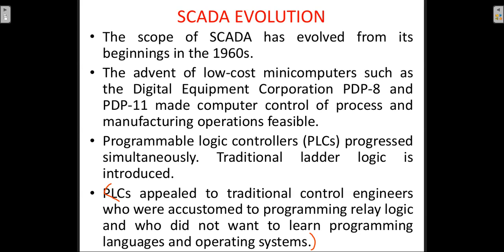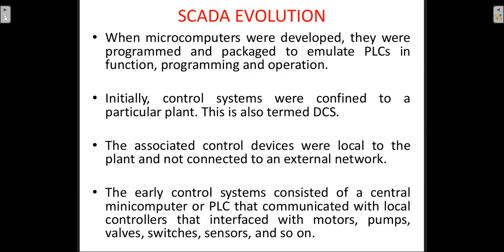Probably when we take up that diagram later, you would come to know how the PLCs are significant in the overall SCADA system.